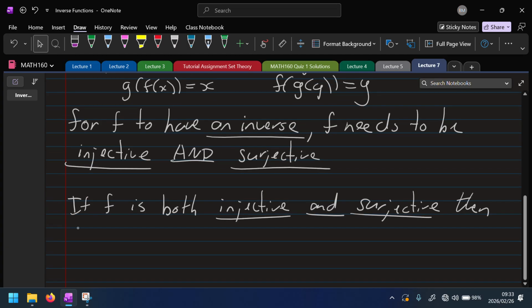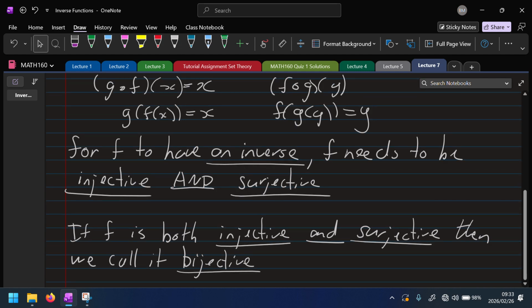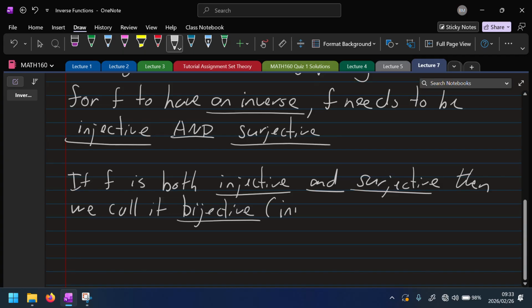then we call it bijective or invertible, same name. You can think of just remembering this: bi means two. So it's the left and the right. So two inverses, one side and the other side. We call it bijective or just invertible.